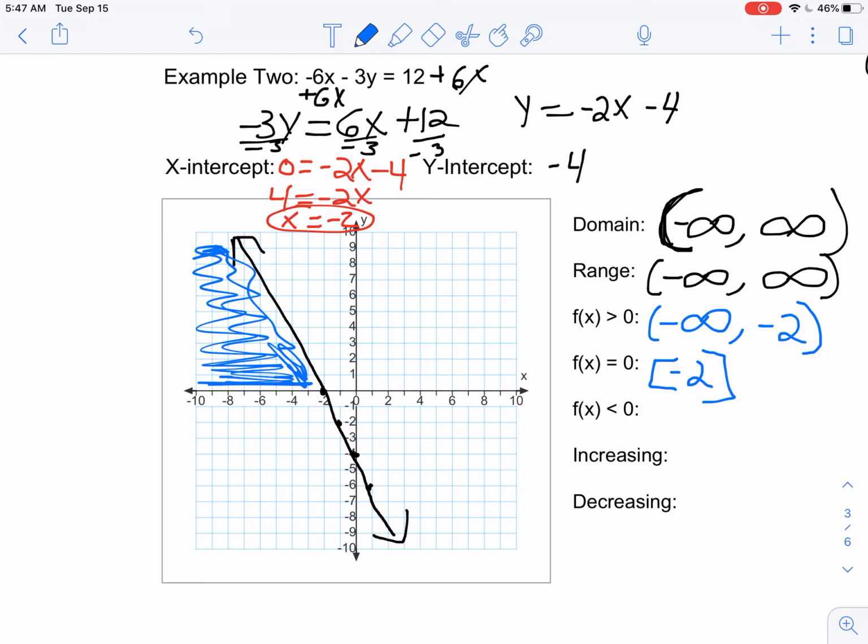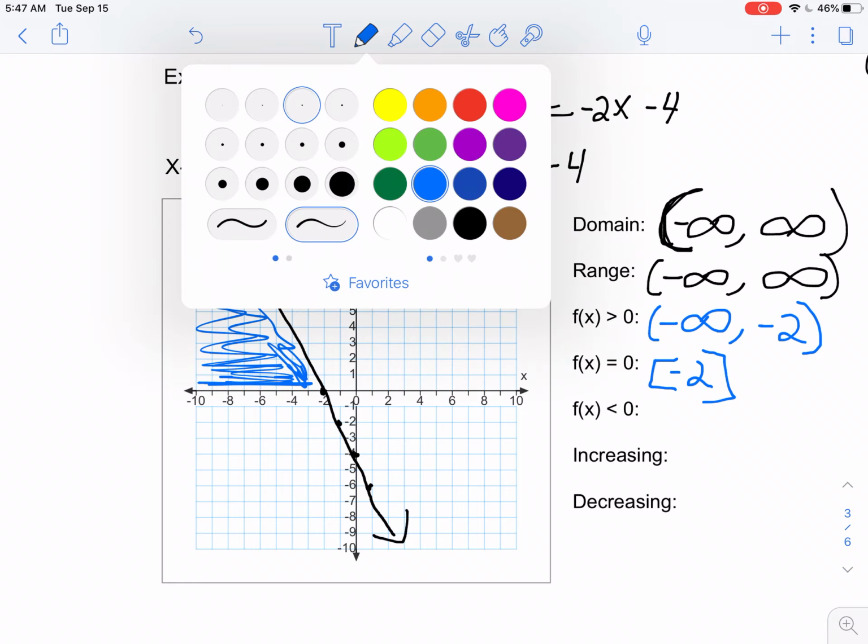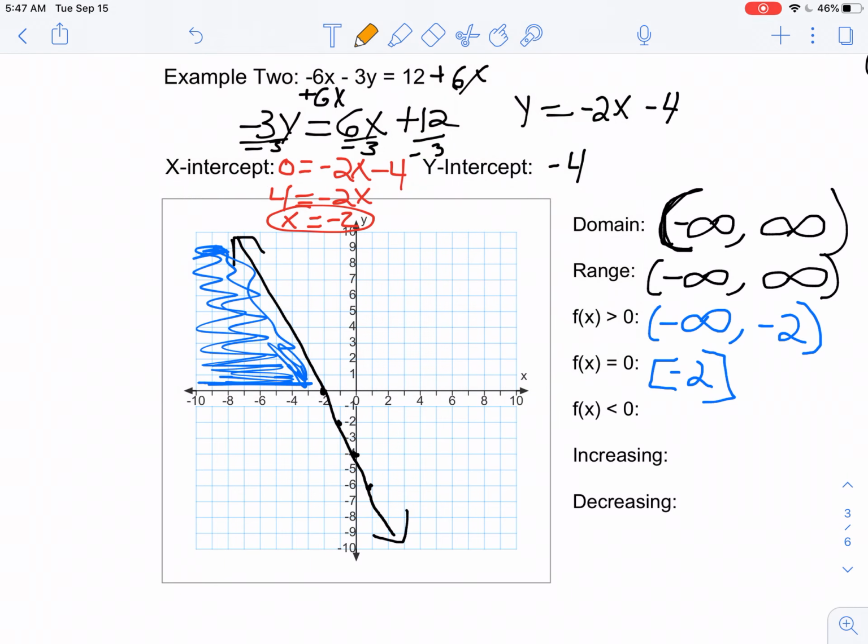Okay, now we're asked when is f of x less than 0. I'm going to grab a new color and I'm going to shade. Y is less than 0, starting here and going forever to the right. Right, because all these y values on this line, if we just connect it to the line, all these y values are negative.